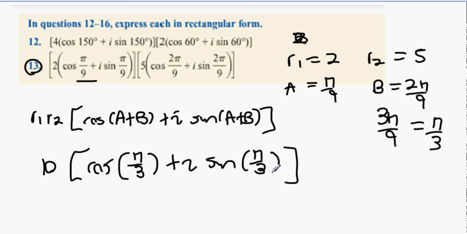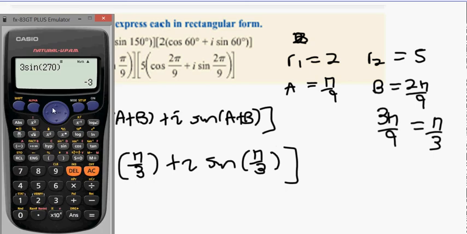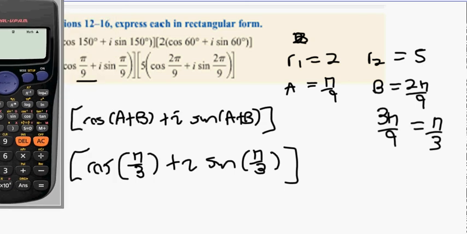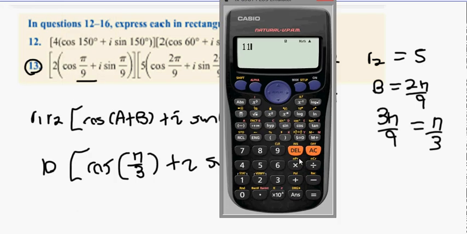Then I'm going to look down here, and what we're going to do next is change my calculator back to radian mode. And then what we're going to get is 10 cos pi over 3.